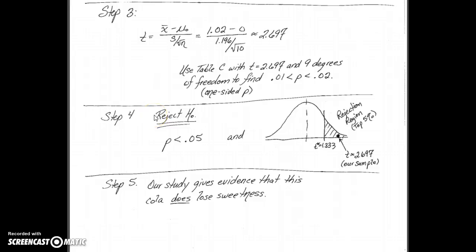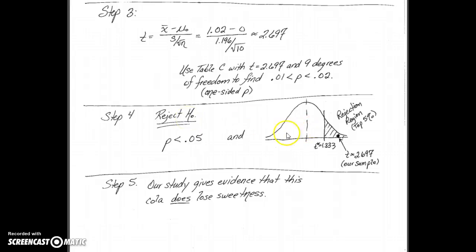Step 4, we need to decide what to do with the null hypothesis. We can look at this two ways. One is our p-value less than the alpha of 0.05? And yes, it is indeed, even though we don't know exactly what it is. It's somewhere between 0.01 and 0.02. Wherever it is in that range, it is less than 0.05, so we can reject the null.